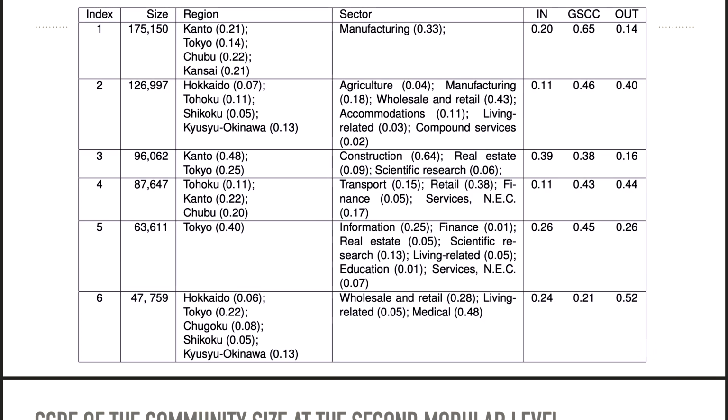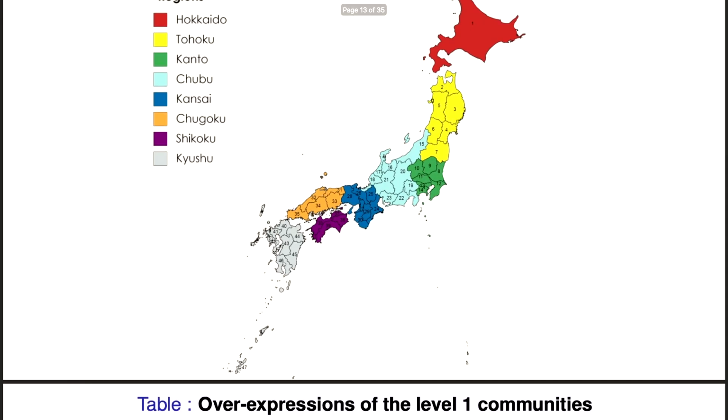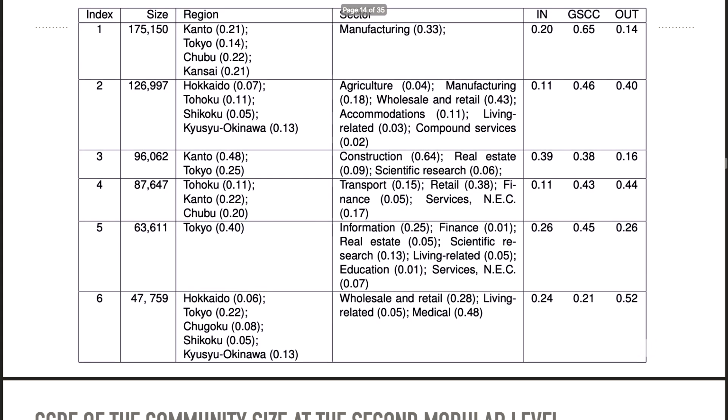So we say this is a manufacturing community, and it is mostly from urban regions: Kanto, Chubu, and Kansai. Tokyo is here and Osaka is here. These are the main city regions of Japan, so the largest community is formed by these urban regions and represents the manufacturing sector.